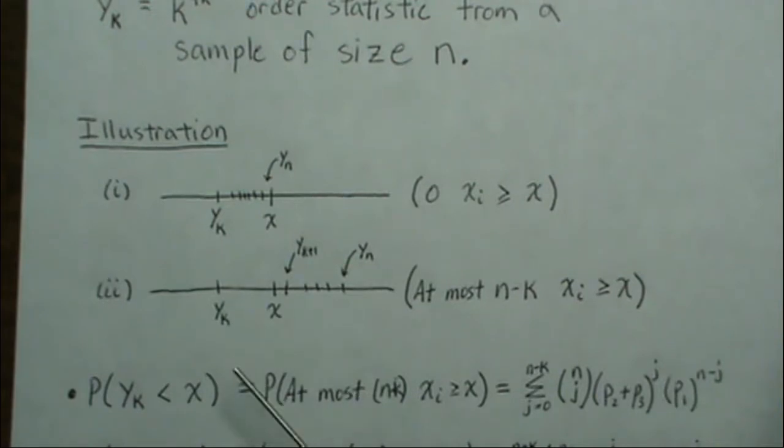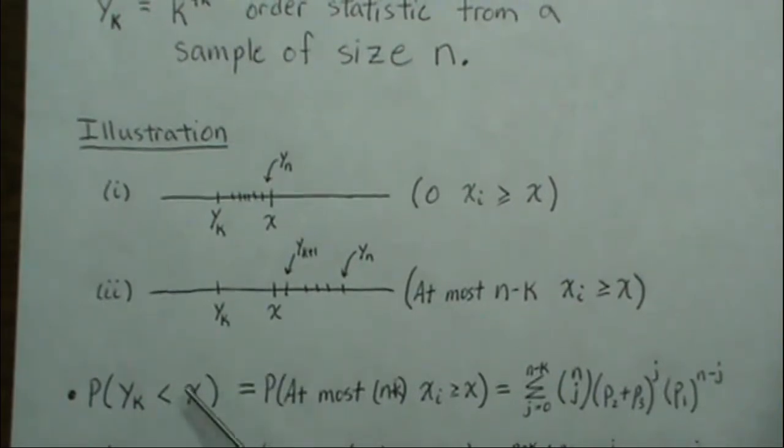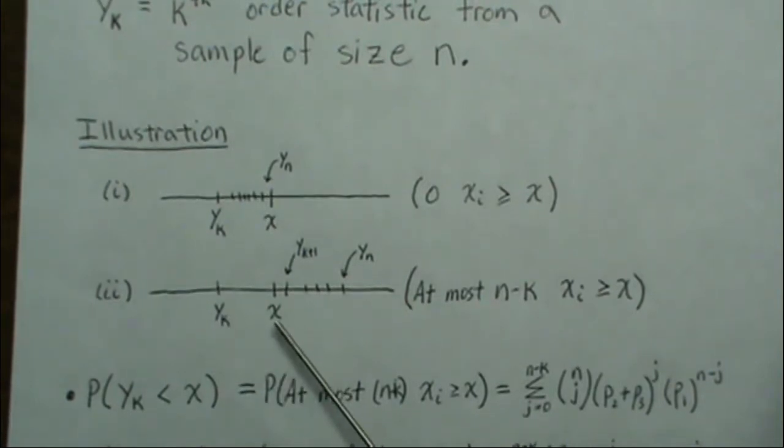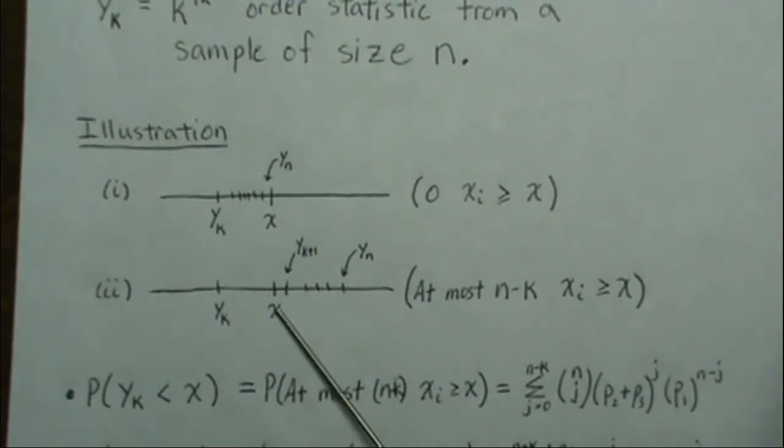So now, that's the probability that Yk is strictly less than x. Now, if we wanted to find the probability that Yk is less than or equal to x, so this Yk could be x or it could be less than that.